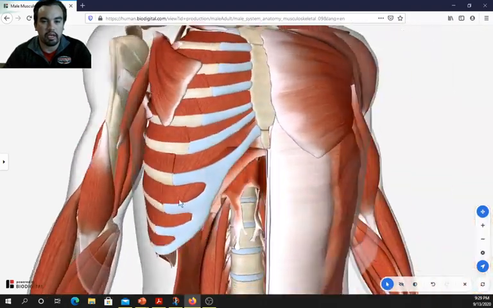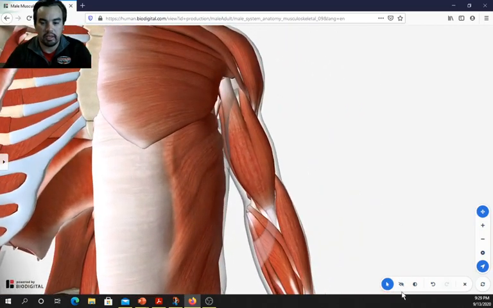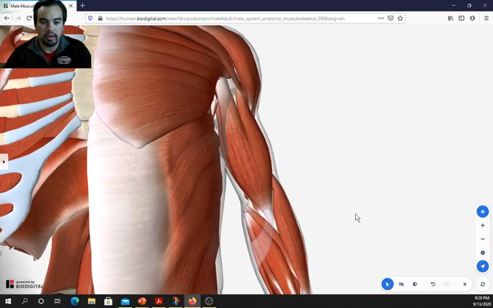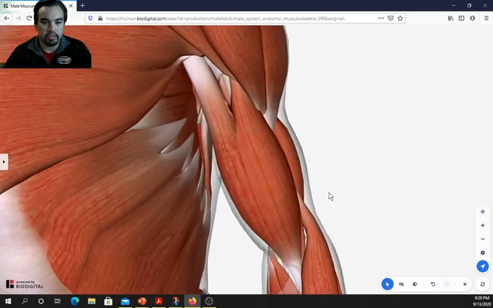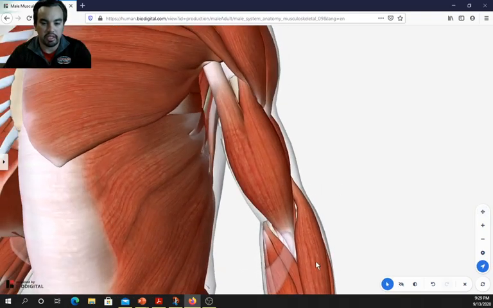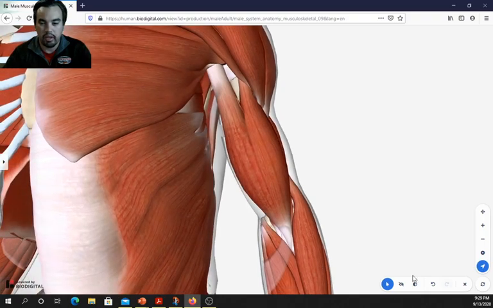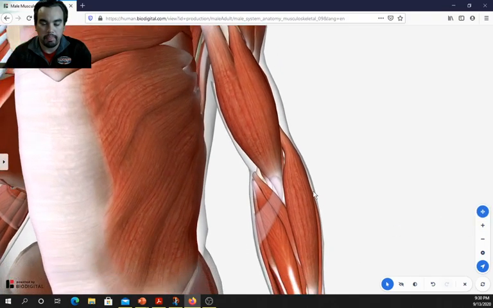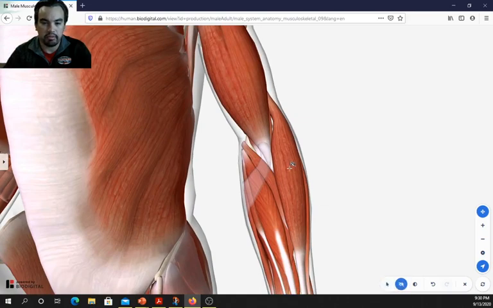So let's look at this side because I haven't cut it apart. And let's look at the biceps. When we think of the biceps contracting, everyone kind of has an idea of what we're talking about. Let me hide some stuff here.